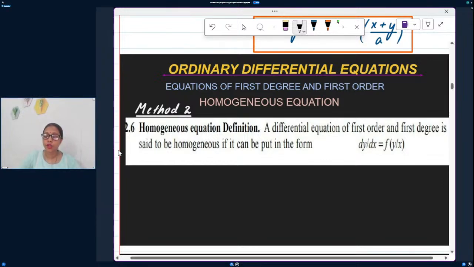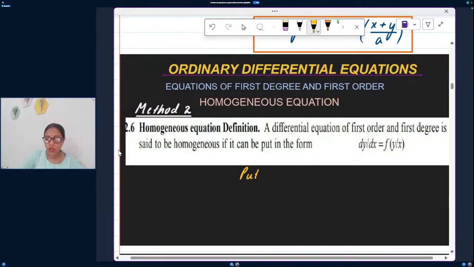So this is easy. If you find out dy by dx, and you can write that as a function of y by x, that is f of y by x. We'll see what that means in a question. But once you know that it is a homogeneous equation, these kinds of equations we solved in differential equations in class 12th also. In fact, homogeneous equations are a major section of class 12th differential equations. So what do we do?